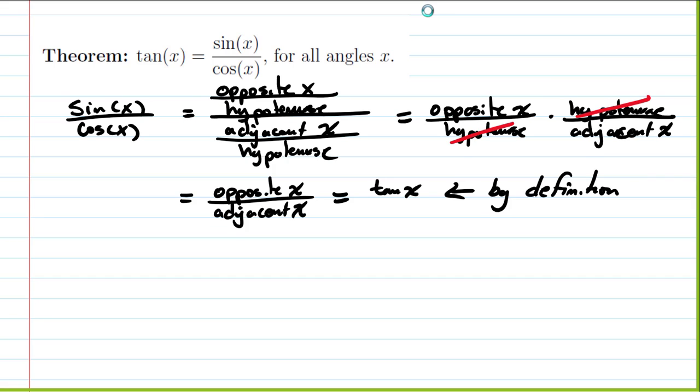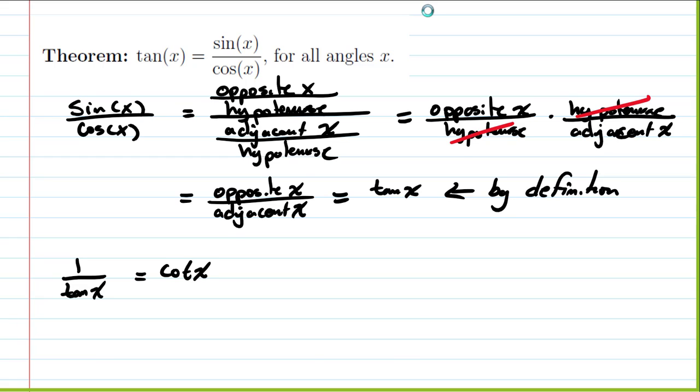So we have that tangent of x is the same as sine over cosine. As a corollary, we know that 1 over tangent x is equal to cotangent x.